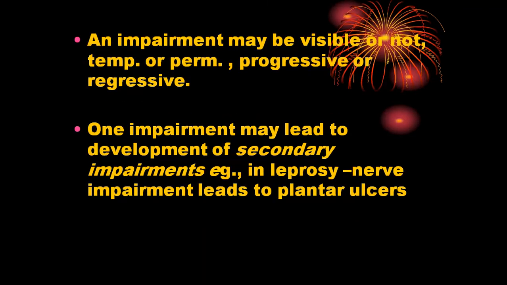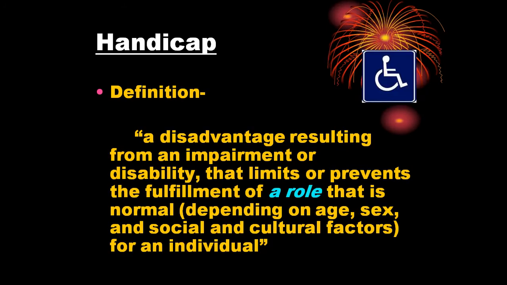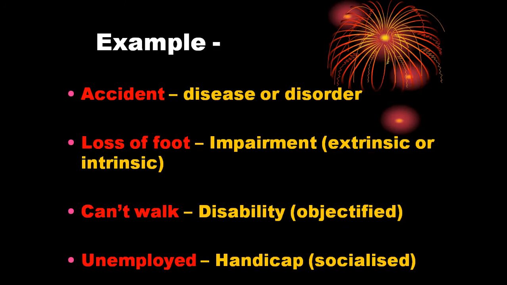So understand the differences and then you will be able to explain in the exam. Example, accident is a disease or disorder. Loss of foot due to the accident is an impairment. It can be extrinsic or it can be intrinsic. I cannot walk, so therefore I am having a disability. And since I cannot walk, I am unemployed. No employer will take me because I am not efficient enough. And therefore that's my handicap. Remember this.